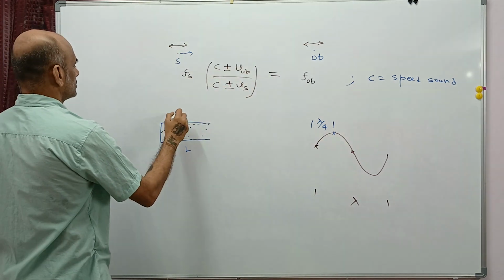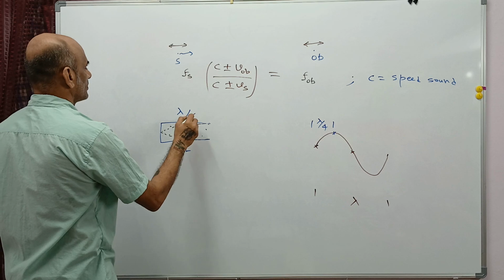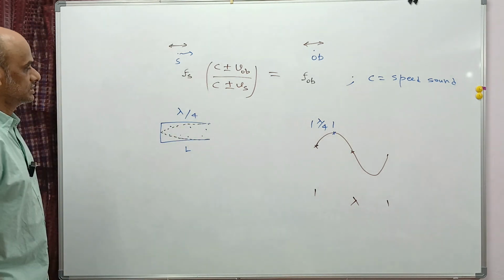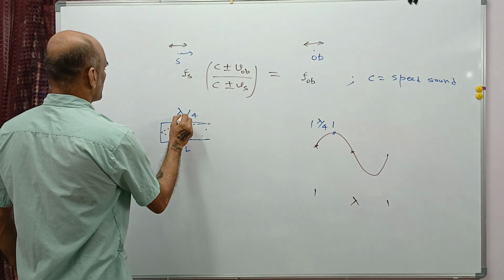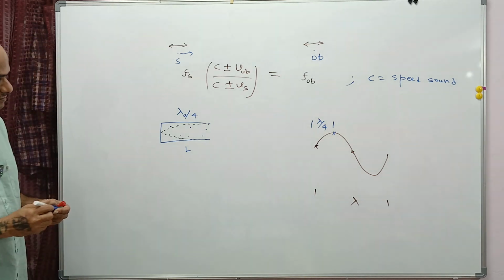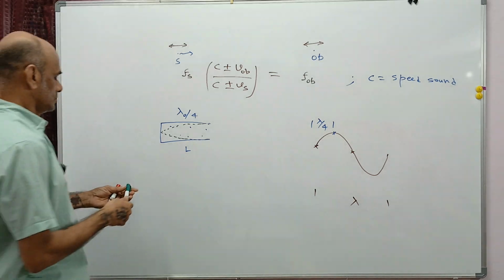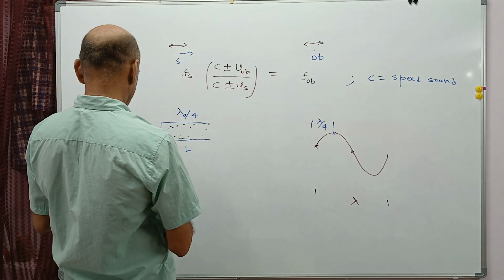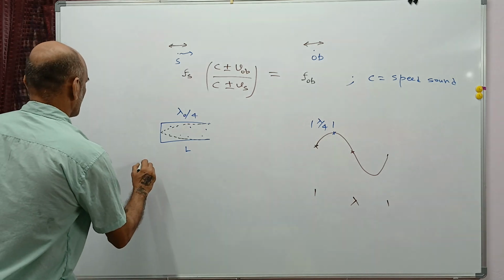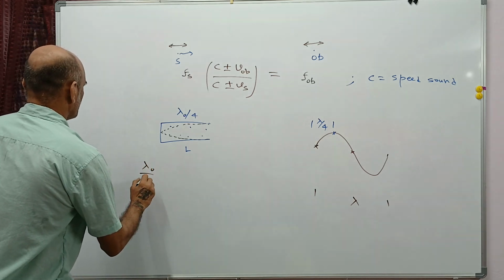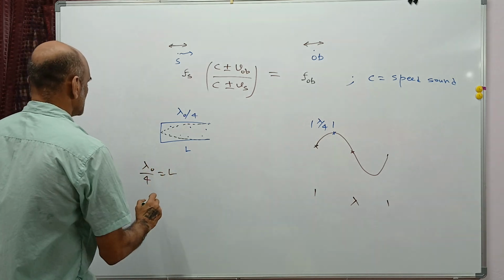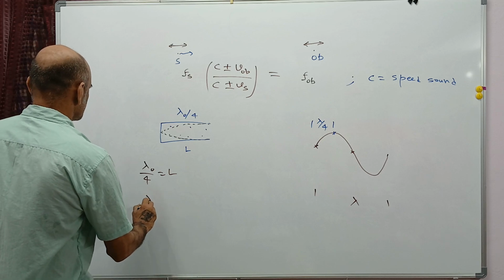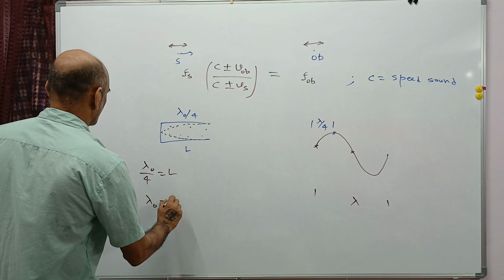So this much is quarter wavelength. This is the minimum frequency that can exist. Let me call the wavelength lambda naught. So for this one, lambda naught by 4 is L. From this you'll get lambda naught, the wavelength, as 4L.